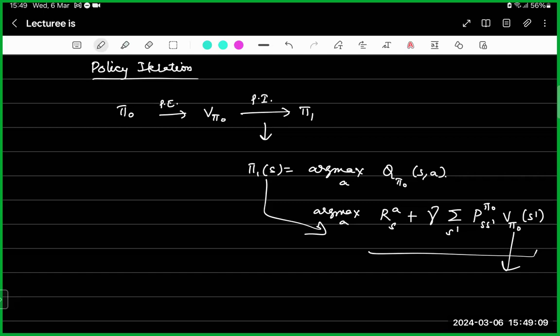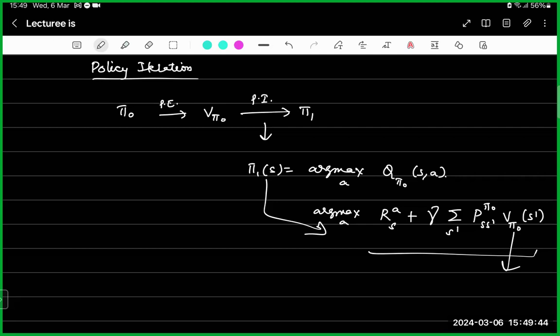So are we done? Is there any problem in implementing the policy iteration algorithm if we just replace this policy evaluation with, let's say, one-step TD, and I'll get an estimate of V pi naught? Can I use policy iteration now, or is there still some issue? We are not right now worried about convergence guarantees, but can you implement this first of all? Policy evaluation is taken care of.